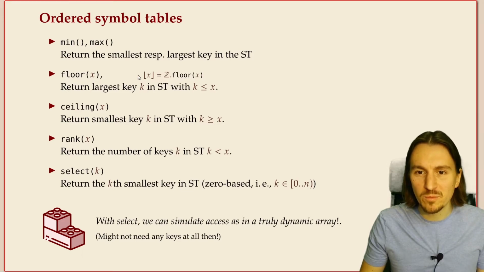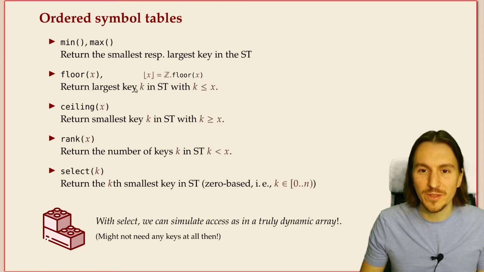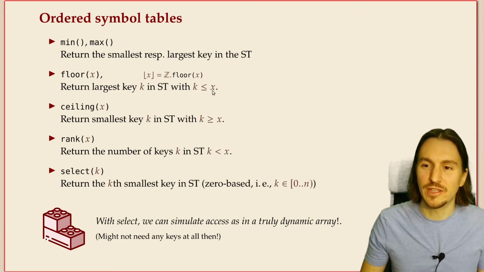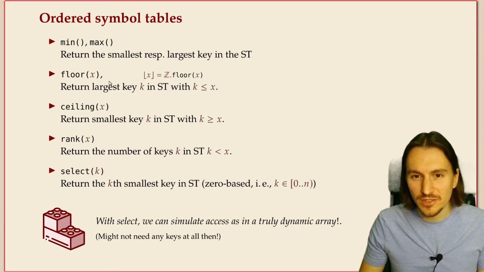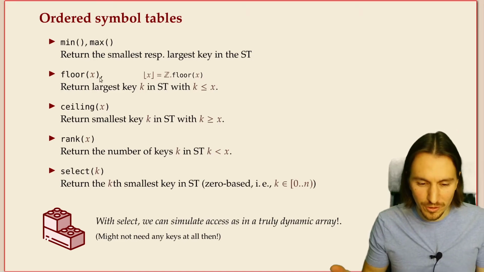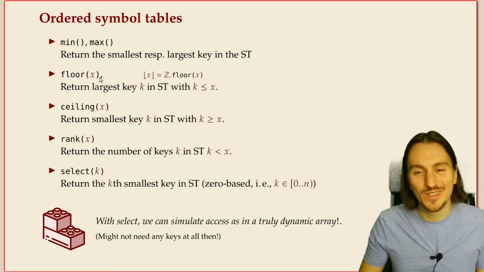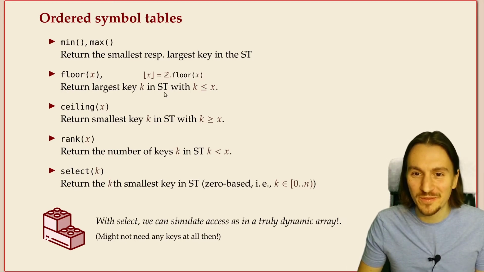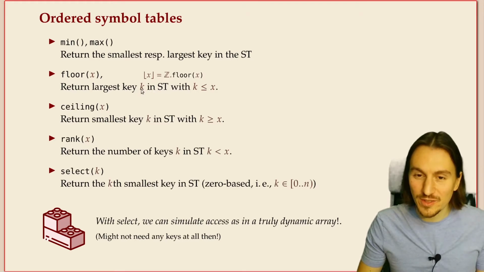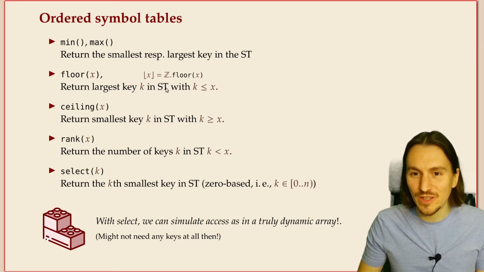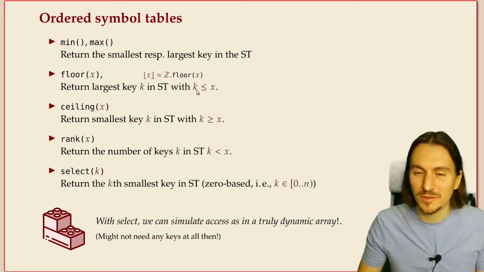Floor is the largest key in the symbol table that is just smaller than x or equal to x. So sometimes if you use floor, you just get x back, and you learn that x is in the symbol table. If x is not in the symbol table, you get the largest key that is in the symbol table but is smaller.